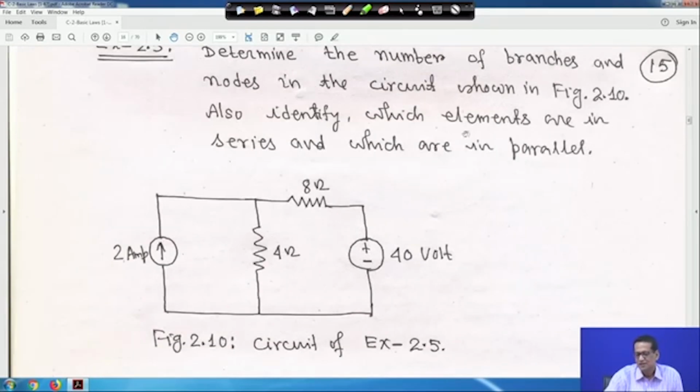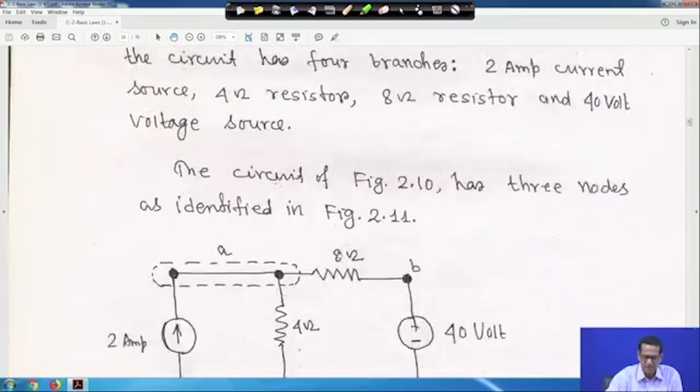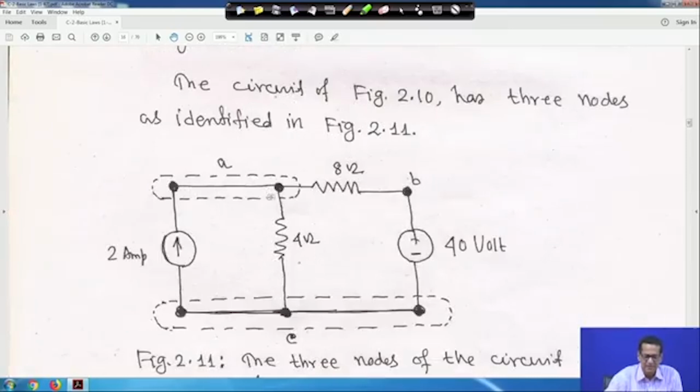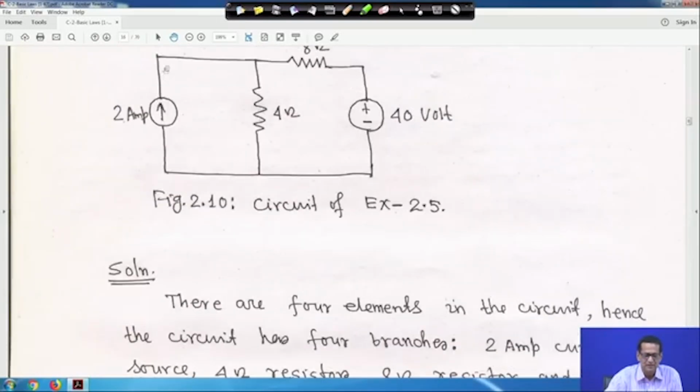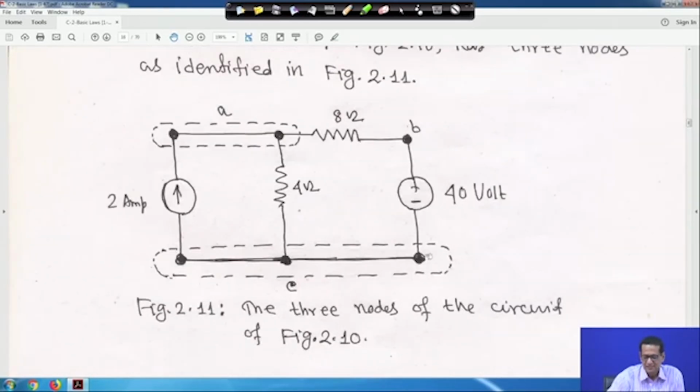If you look into that, these two points are connected by wire. Nodes we are marking by a dot. So, this is basically one node because it is wire only, so they are clubbed together. Similarly here also 3 points we are marking, and they are clubbed together.